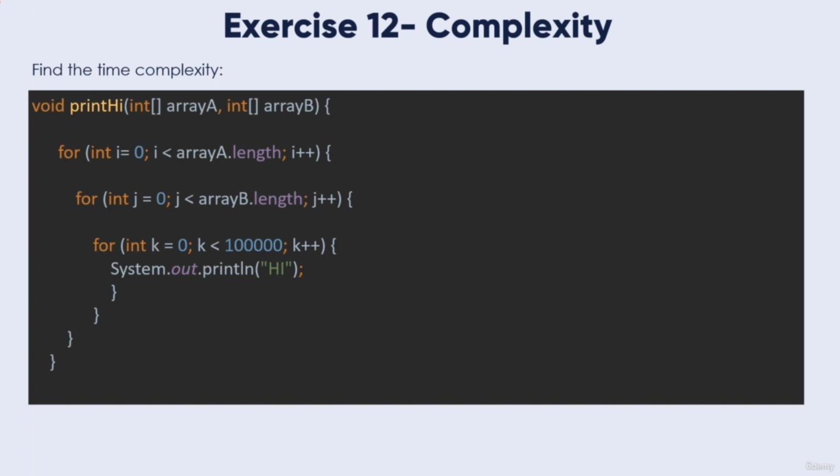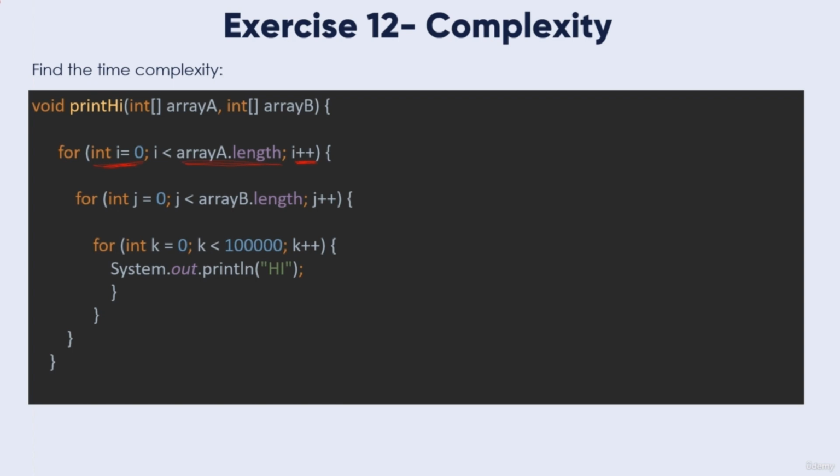In printHigh, we don't take care about the header. We take care about the loops here. We have the first loop starting; as I told you, we look at the initial condition, the stopping condition, and the behavior and how the increment of the iteration works.